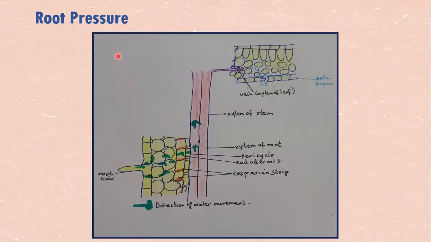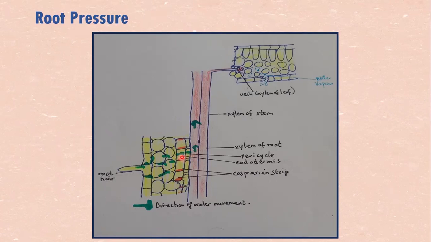Well, beside water potential, hydrostatic pressure, and tension, root pressure also assists in pulling the water up from the roots. Now, root pressure is the force that builds up in the xylem of the root because the endodermis, here is the endodermis, actively pushes salts into the pericycle and the xylem.